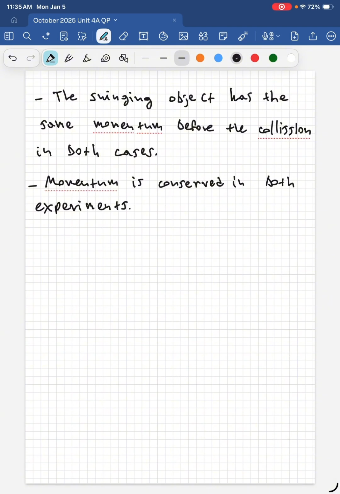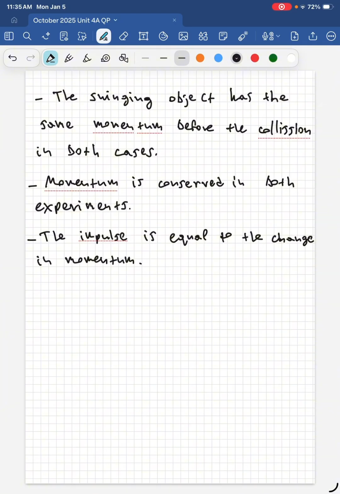Okay, the impulse, which is the key for this problem, is equal to the change in momentum. Or in other words, F times delta T is equal to delta P. And this is the key here.